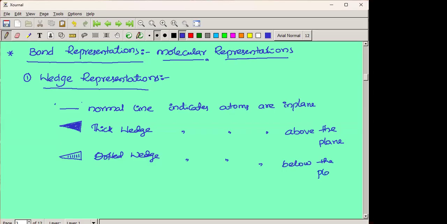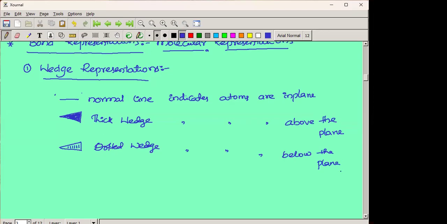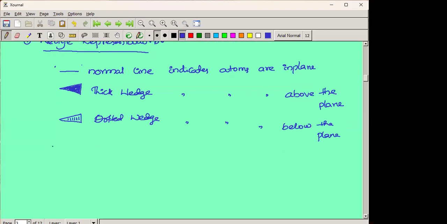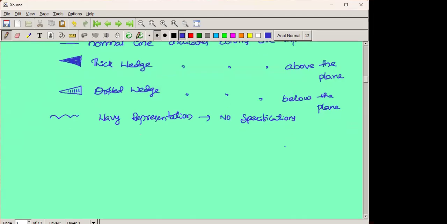If we represent a wavy bond, there is no specification, so we do not use this kind of representation in organic reactions.